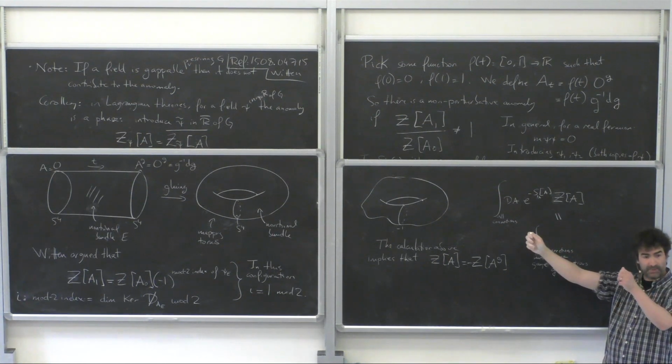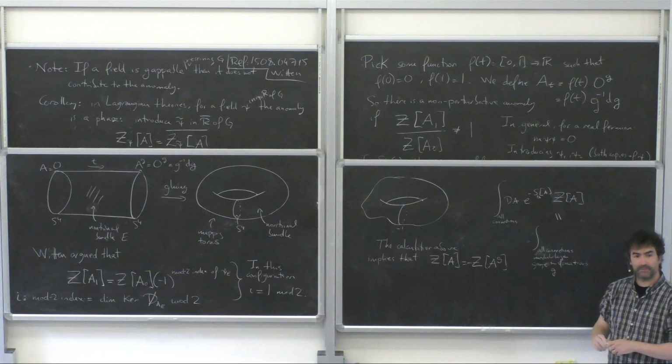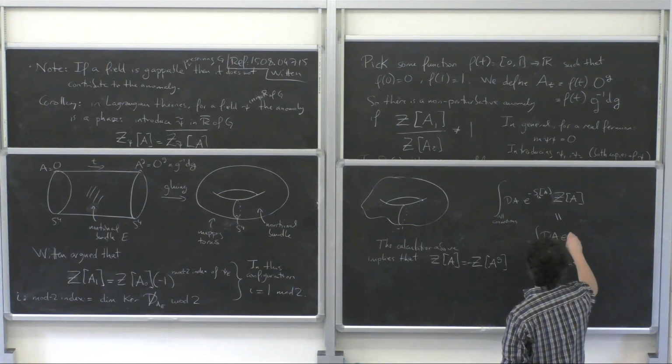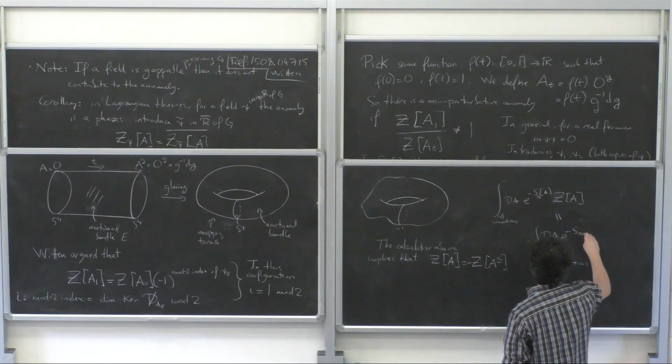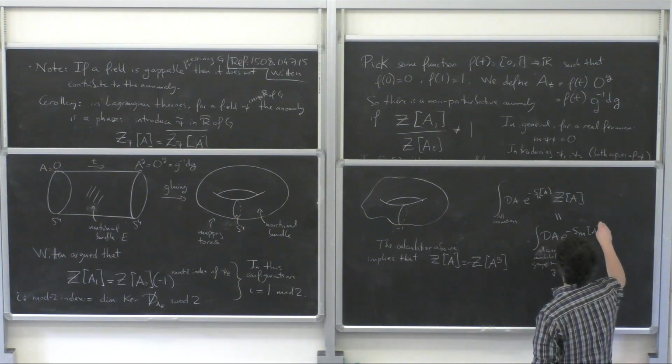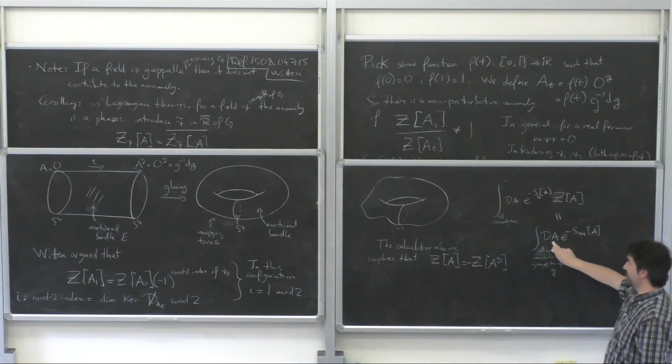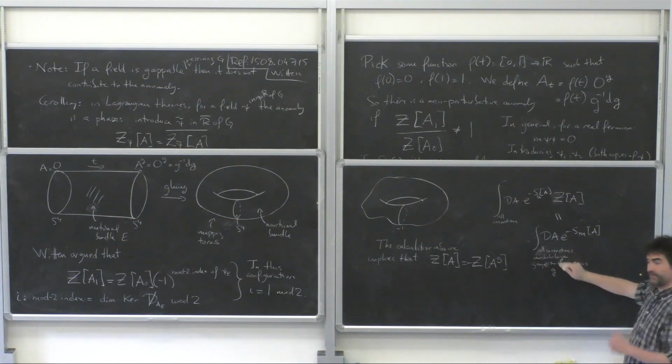So I'm going to pick one representative of that pair. Okay? Just formally, I don't need to do the details. You have dA, e to the minus S Yang-Mills of A. Yang-Mills action itself is invariant under the gauge transformation. The measure is invariant. I don't have any local anomaly.